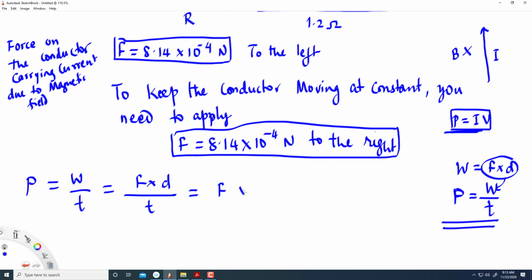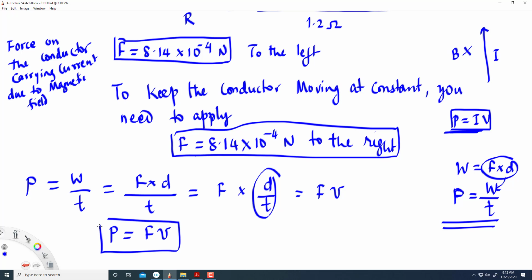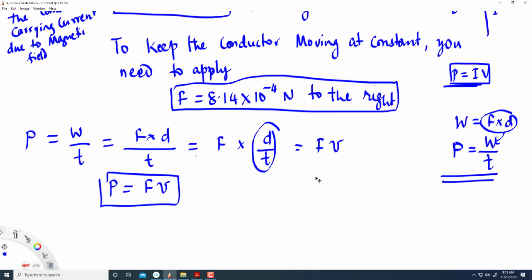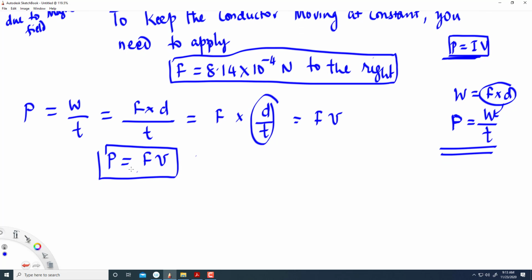I'm just rearranging things here. Force is that, and then distance over time is speed, constant speed. So power is F times V. This is a very useful formula. So we want to use force times speed to find P.